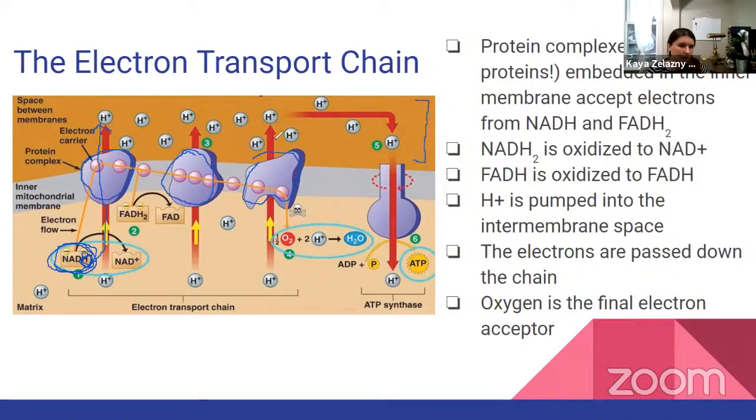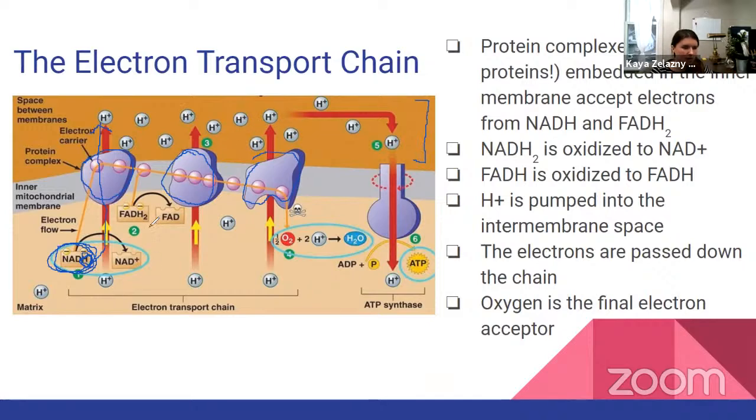So we're building up a concentration of hydrogen ions here. Now this is active, it requires energy. And the energy is actually coming from the electron in that electron carrier. So we don't see ATP being used here. It's a different form of energy that we're using, and it's kind of specialized. Okay, so we're building up this hydrogen gradient.